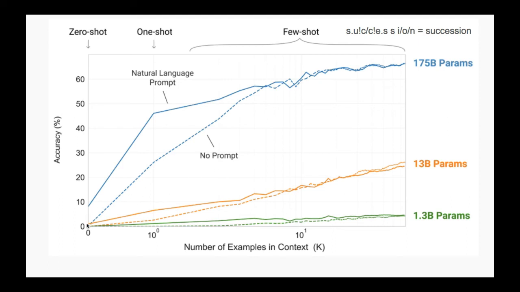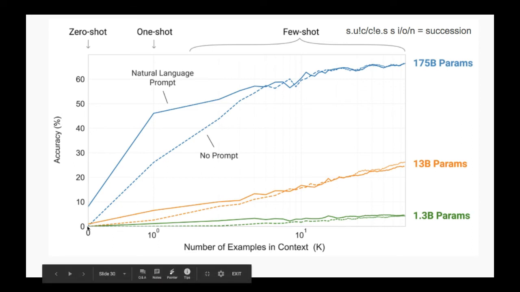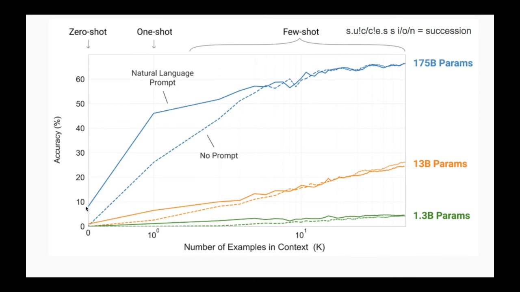But if you just give the model a little description, the model can get around 10% accuracy without seeing any examples.